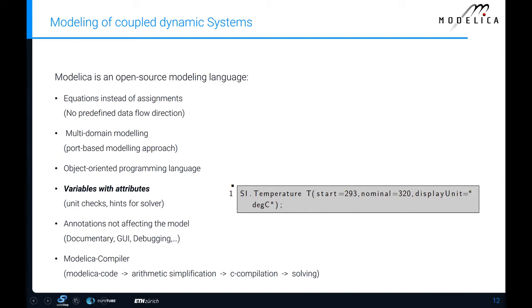In other languages, you will have just a real type or an integer type or a Boolean type. Here you can specify your own type, for example, the temperature type, which is in this case type real with unit Kelvin and should be displayed in degrees Celsius and so on. You can define a lot of attributes that help the solver to solve your problem.